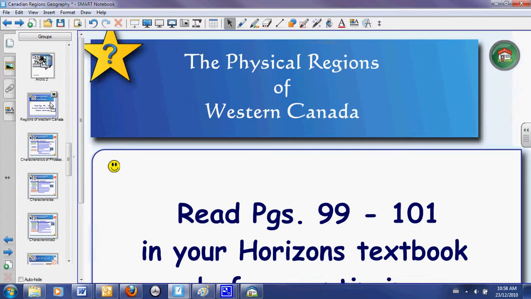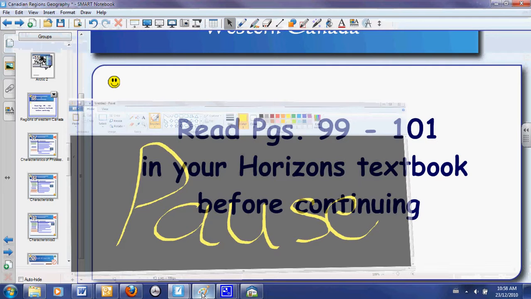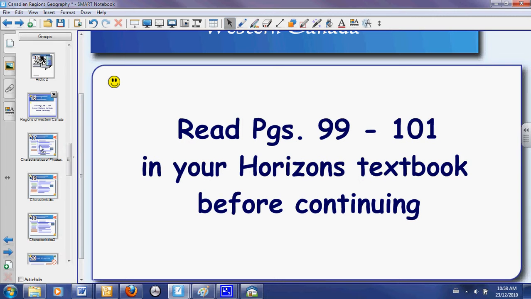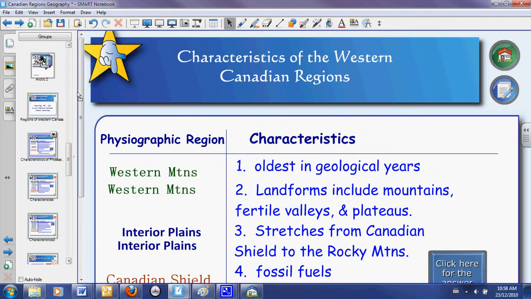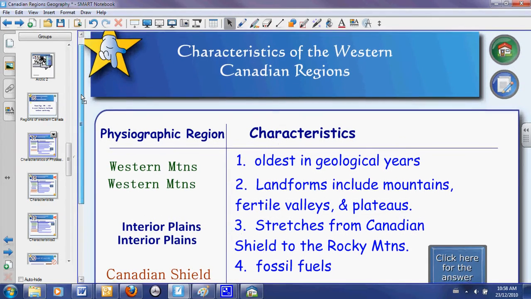Now at this point, what you really need to do is take your textbook and read these sections or these pages in order to do the next activity. This activity, based on your reading, asks you to identify the characteristics of the Western Canadian regions.